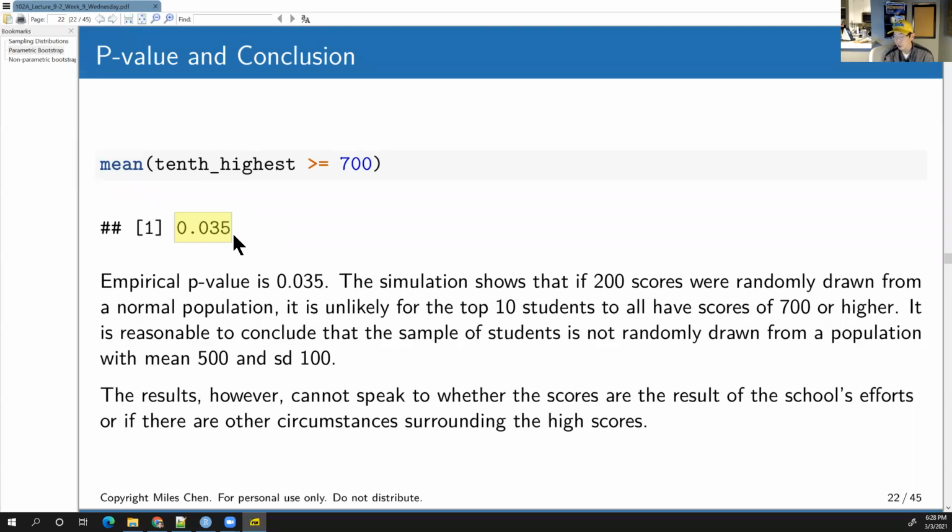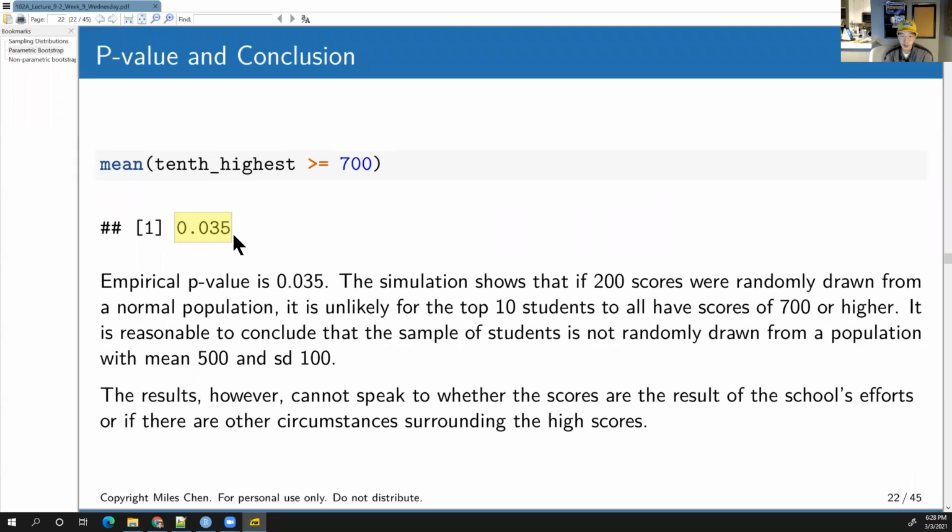But these results, statistics is not able to really tell us why just yet. We can't say whether these high scores are a result of the school's efforts. We don't know what they're doing, or if there are other circumstances surrounding the high scores.